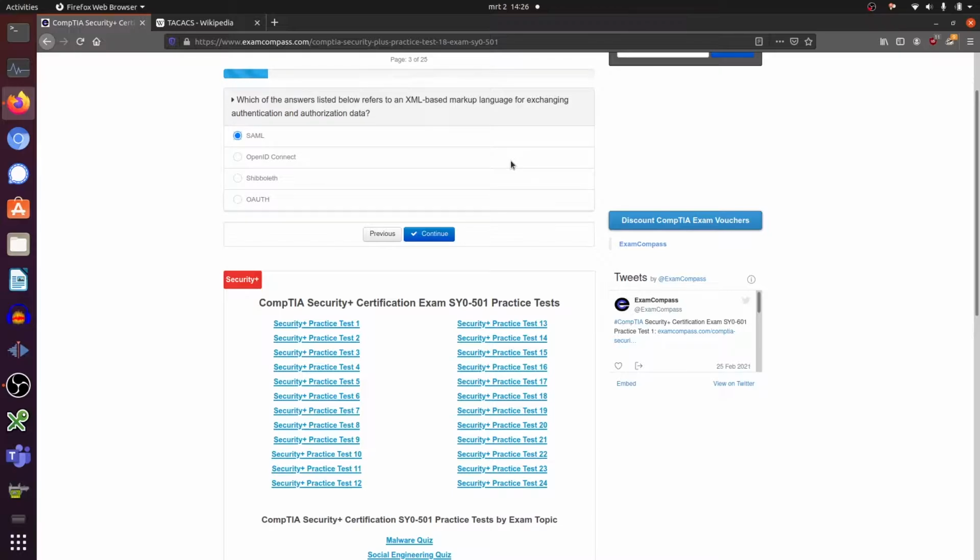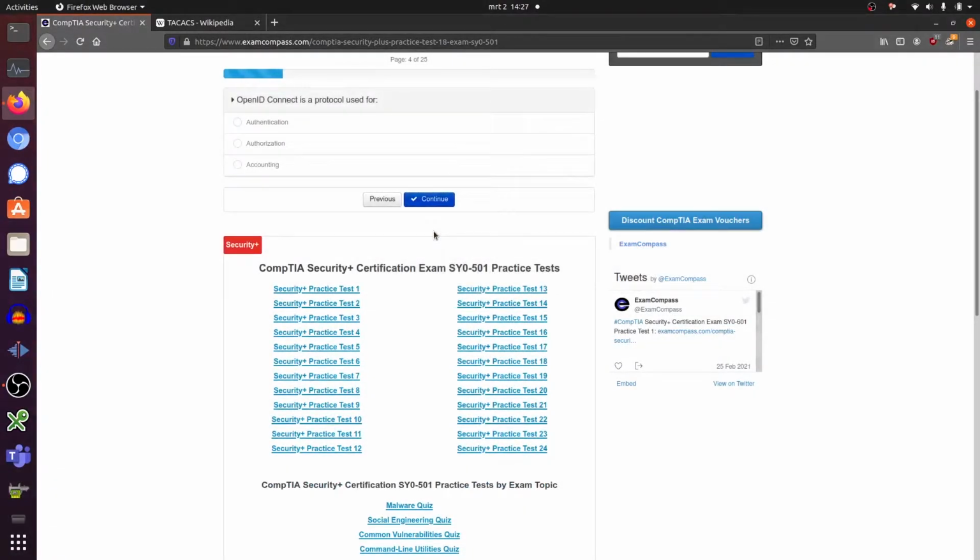You can authenticate yourself with a password or with a security token, two-factor authentication, multi-factor authentication. And after you're authenticated, so it's verified that it's you, you will get all the authorizations, all the rights basically on the network, on the various applications. And the XML-based markup language is called SAML.